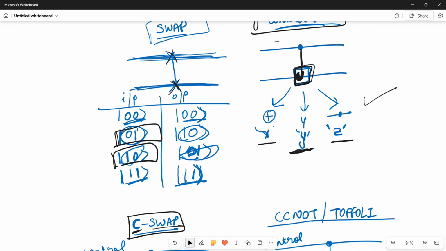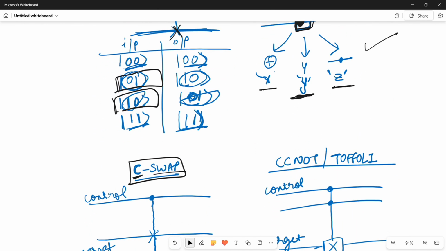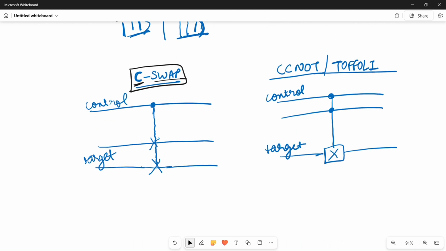Now the C swap, where C stands for control, and swap. We have seen the control gate before. What is the control gate? There's a control line and there's a target line. Whenever your control line becomes 1, the target is flipped. And swap is where whenever the two qubits are different, we swap them. So the combination of those two gates is the control swap gate.